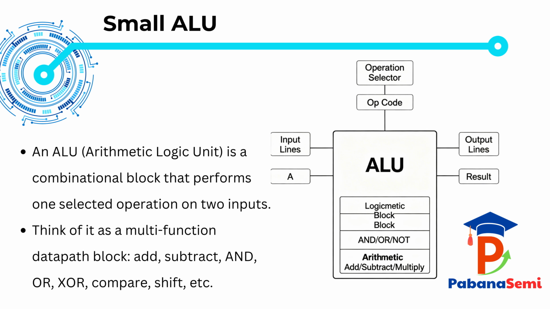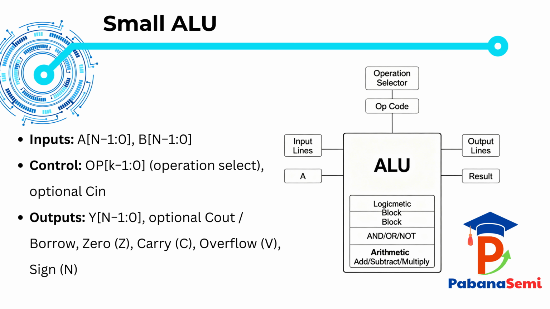Let's look at a small ALU in a more engineering way by clearly defining its inputs, control signals, outputs, and flags. First, the inputs are two n-bit numbers, A[n-1:0] and B[n-1:0]. So if n is 8, A and B are 8-bit values.